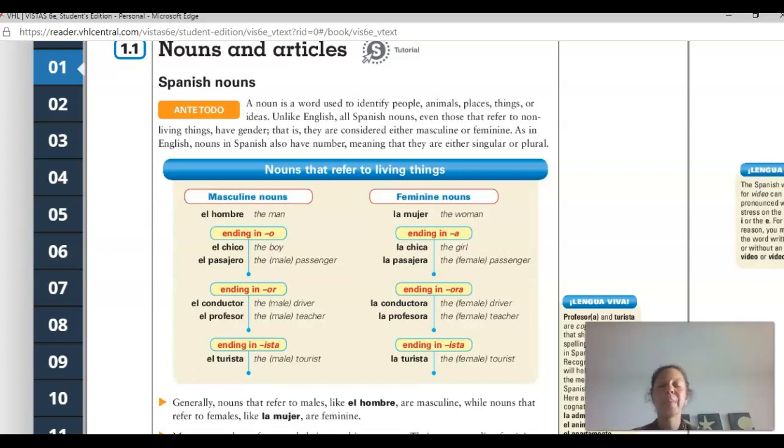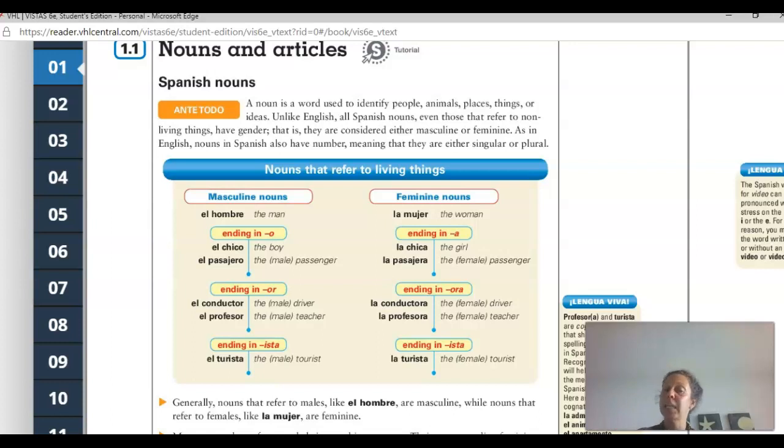Everything has to agree. If the noun changes in terms of number, then my article has to agree too. So it will be los teléfonos, okay? Now, when we see an item that is ending with A, usually it's feminine.